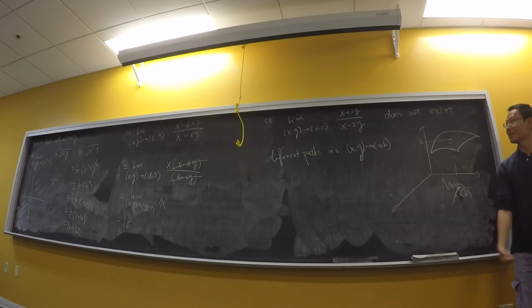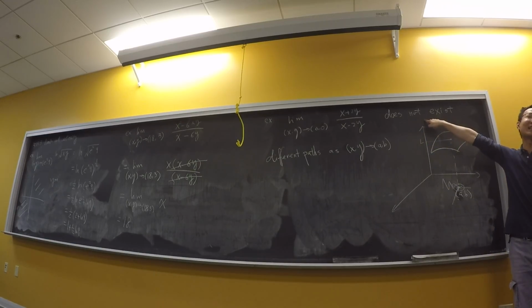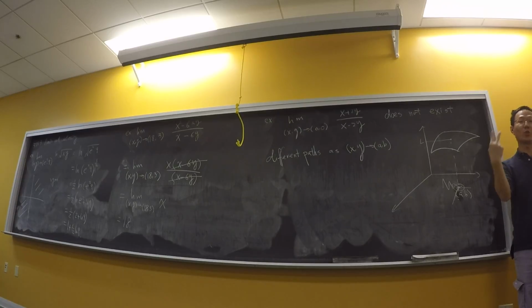In other words, again, if I want to prove this limit does not exist, as long as I can find two different paths approaching this same fixed point that give two different values in the end, then the limit is definitely not going to exist at this point. Are you with me?